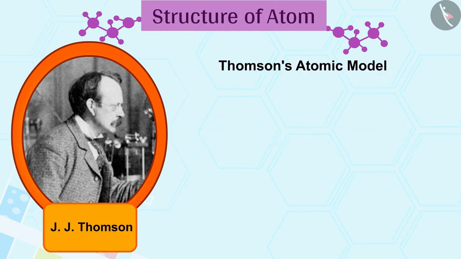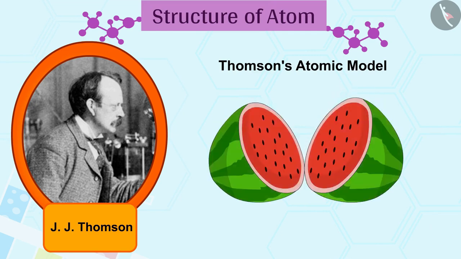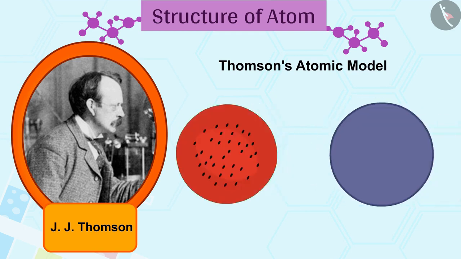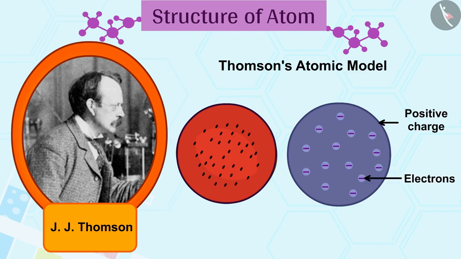Thomson presented a model of the structure of an atom that was like a watermelon. According to this, the positive charge in the atom is spread all over, like the red edible part of the watermelon, while the electrons are studded in the positively charged sphere, like the seeds in the watermelon.